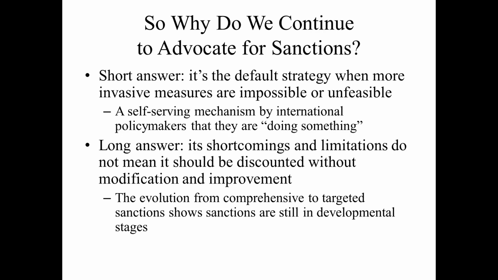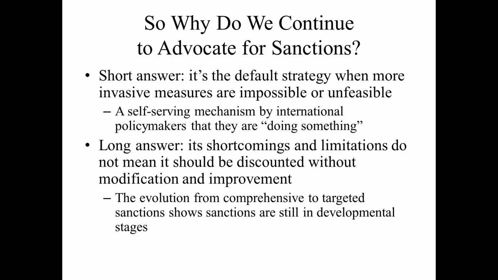Right? The last 30 years has shown us that the evolution of sanctions from these cookie-cutter, blanket, comprehensive policies to more do-it-yourself, customized, targeted sanctions, they show that sanctions are still in their developmental stages. Right? It shows us that this is really only the first 30 years that we've tried to do this, and yeah, it's trial and error. It is experimentation. There are going to be fallouts. There are going to be problems.